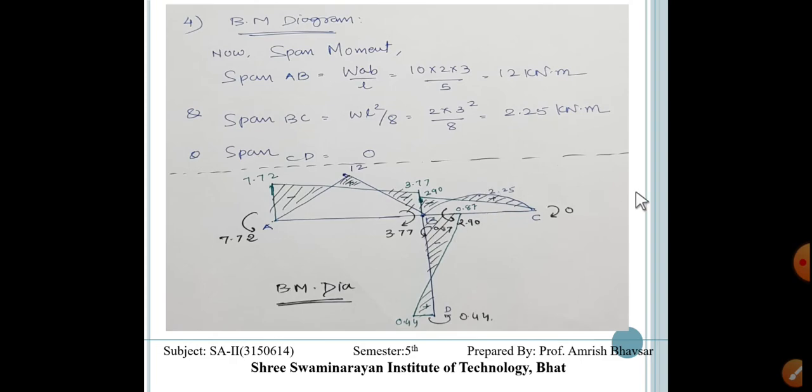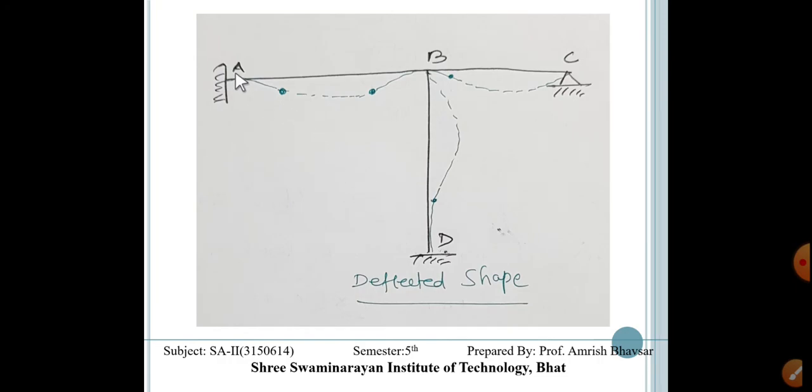So what we are going to do over here, this is our A, B, C and D. Here we have 2 points of contraflexure that we have seen in our bending moment diagram. Here 1 point of contraflexure, this is over here, and in the column the diagram is something like this. So this is our point of contraflexure.